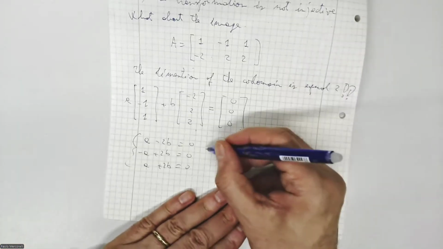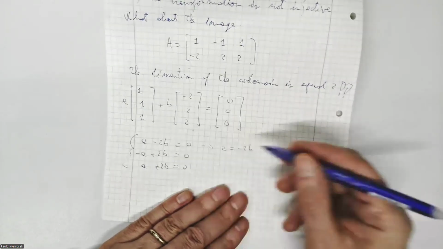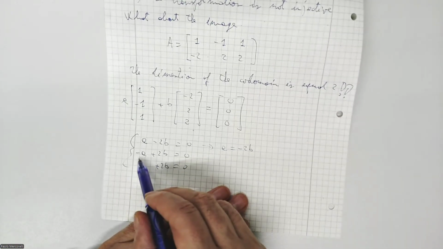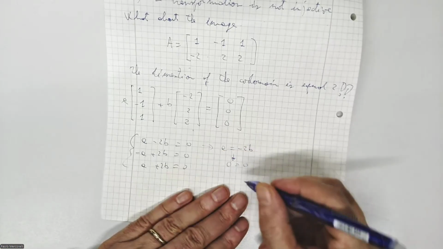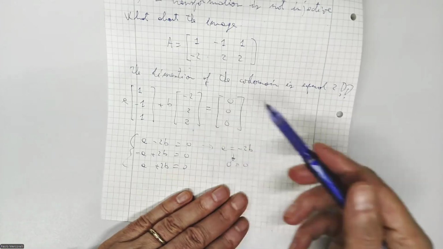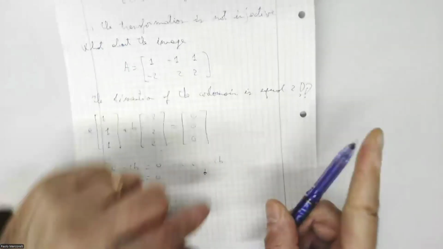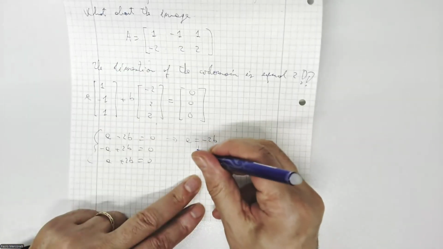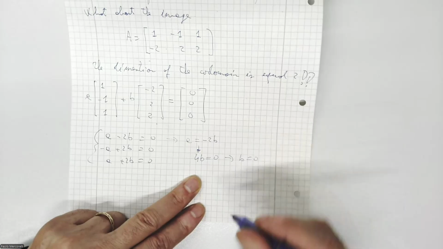Let me see. From here, I have a equal to b. If I put here, I have 0 equals 0. No, excuse me, 4b equals 0. Let me check because I don't want to make mistakes.